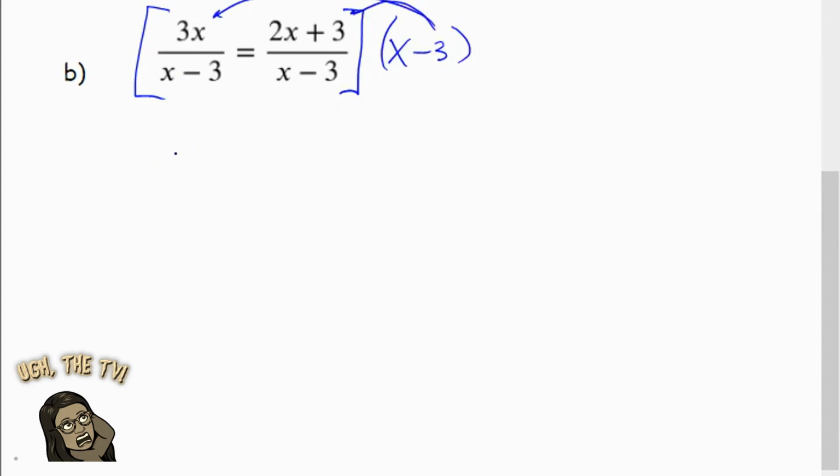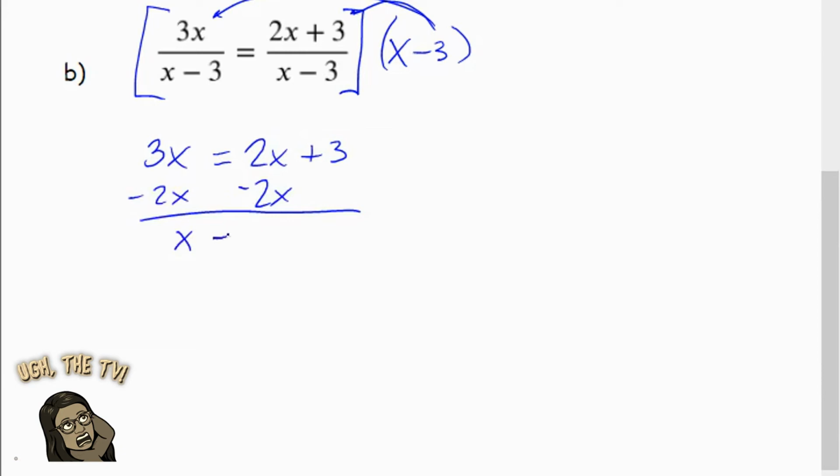And once we do, then our denominators actually go away, and we are left with 3x is equal to 2x plus 3. Denominators are all gone. So let's combine like terms, use our algebra to solve. x equals 3.